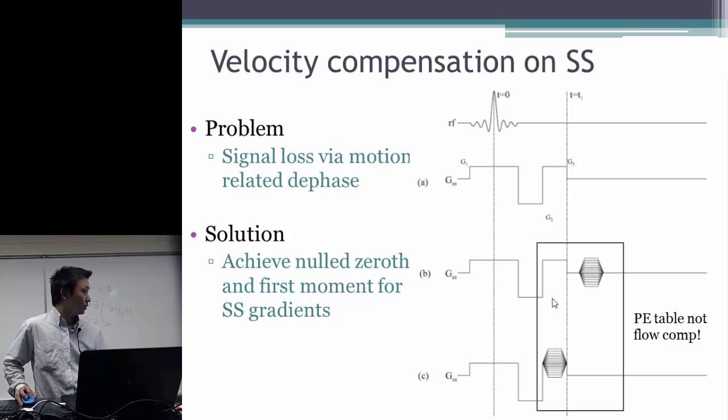So we'll need to talk about phase encoding direction flow compensation separately, because it will be a little bit different.